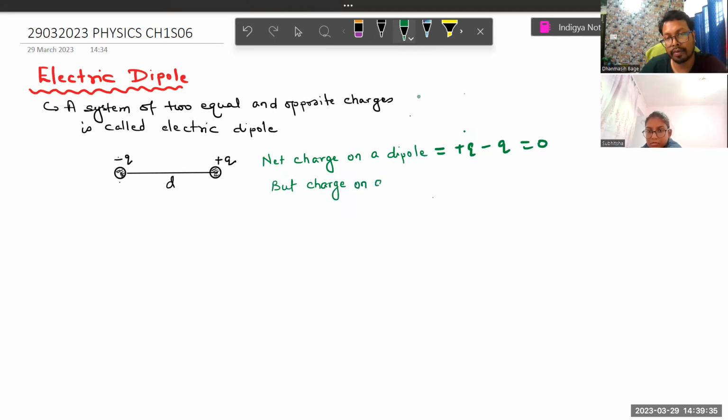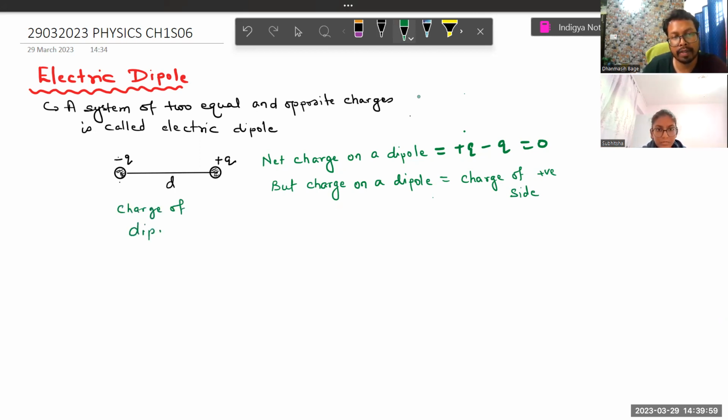Net charge is 0. But by definition, we say that the charge on a dipole is the charge on the positive side. So here, for example, what is the charge of dipole? Plus q, right?